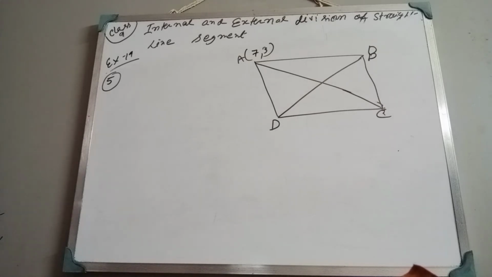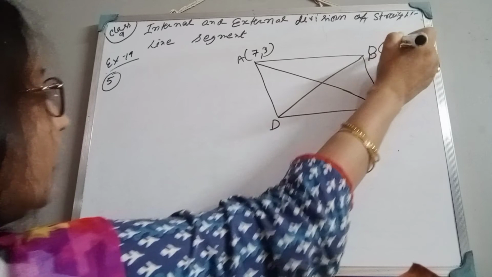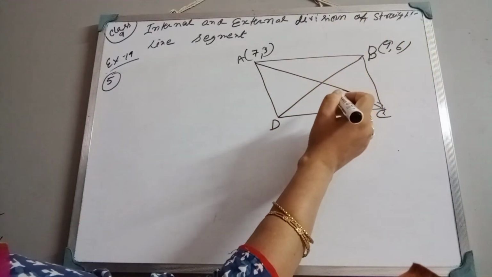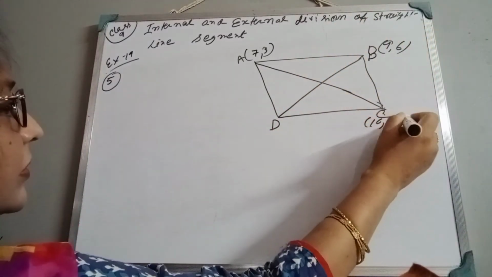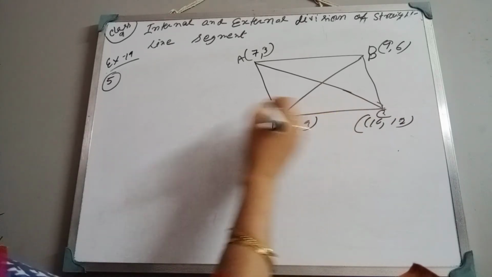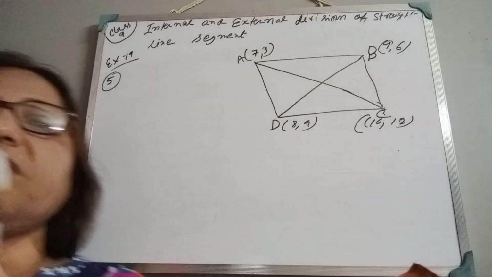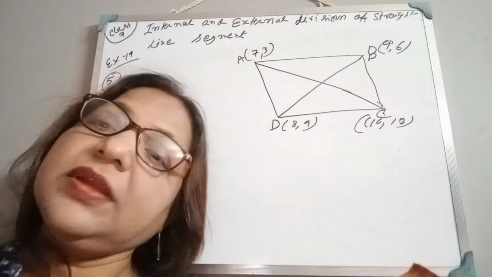That means A is 7, 3, B is 9, 6, C coordinate is 10, 12, and D is 8, 9. This is given to us. We have to prove that when we join these 4 points, we will get a parallelogram.